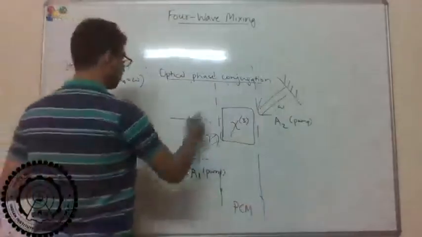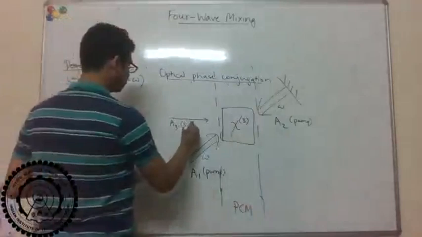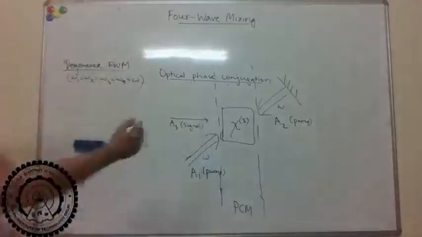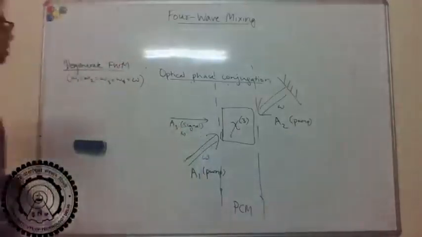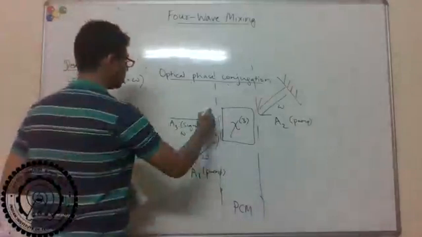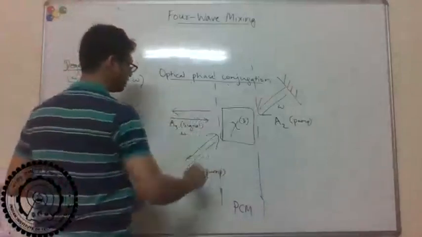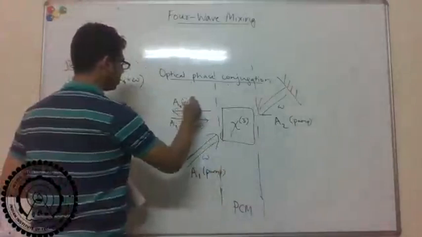So there's some third wave coming in here, A3, which I can call the signal. It also has the same frequency. And due to the chi-3 interaction here, there'll be a reflected wave, and that will be the idler or the conjugate.